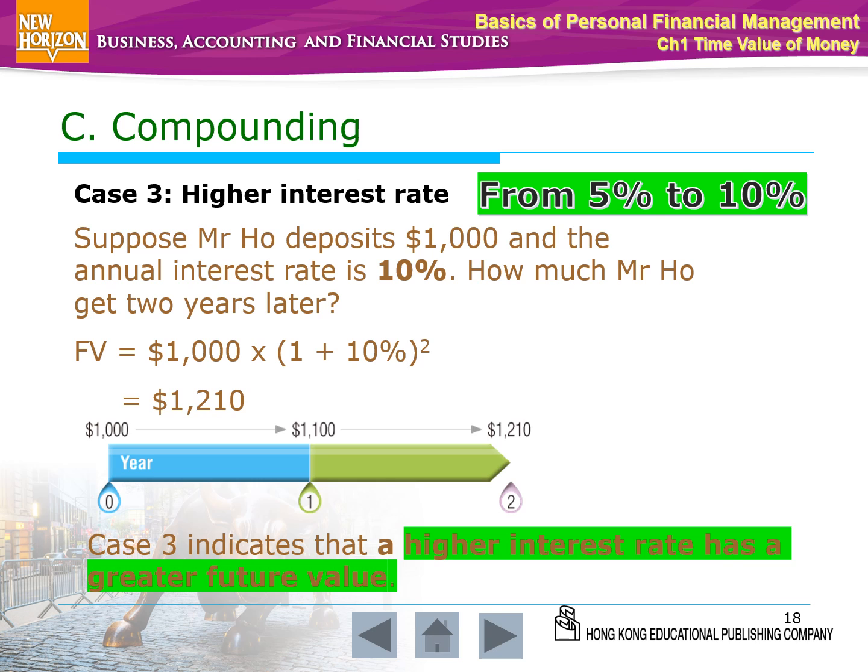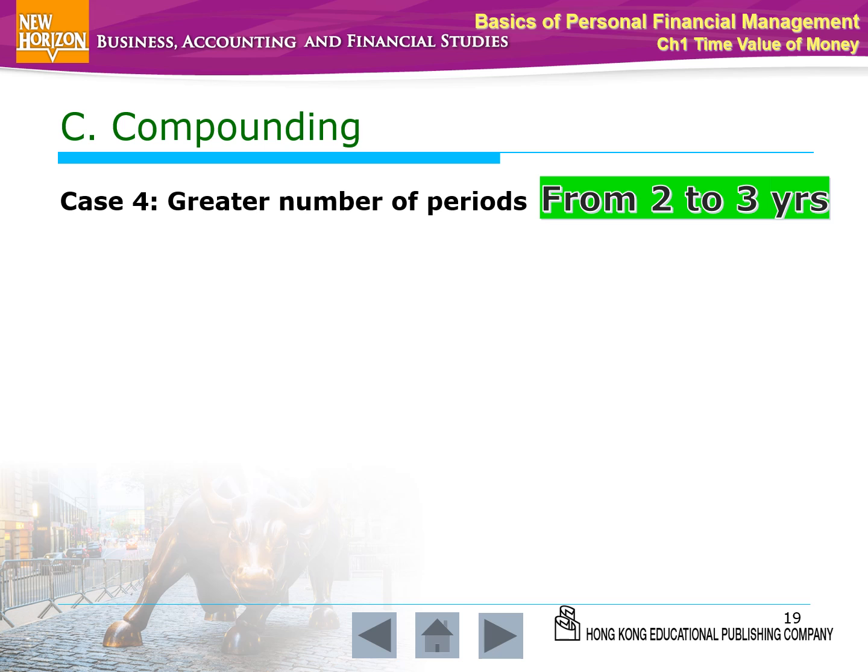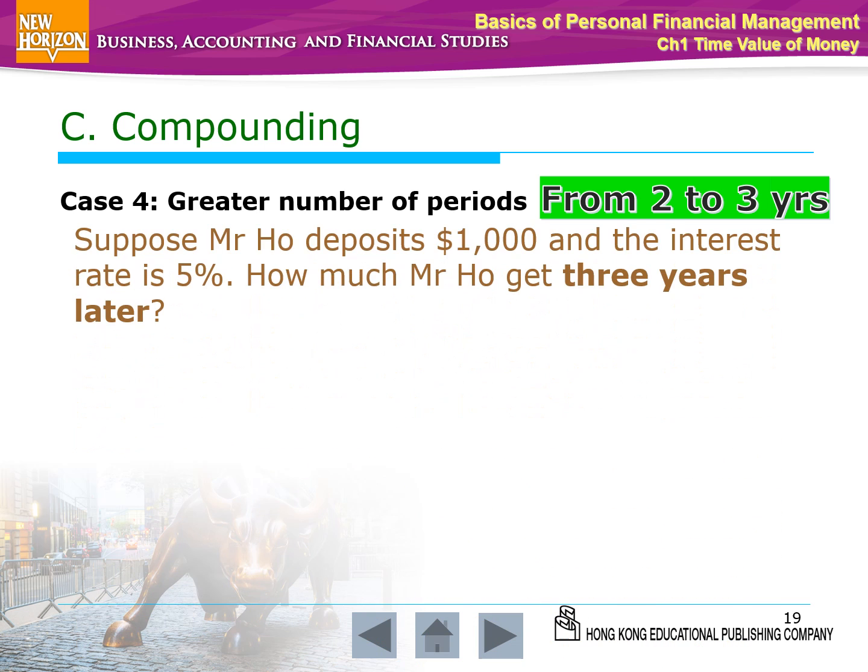Very simple concept. Okay, next, greater number of periods. Say, for example, from 2 years to 3 years. Let's say the principal remains unchanged at $1,000 and the interest rate again remains unchanged at 5%, but the whole deposit is for more years, from 2 years to 3 years.